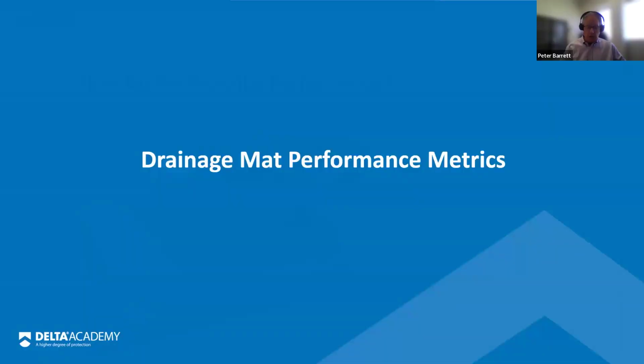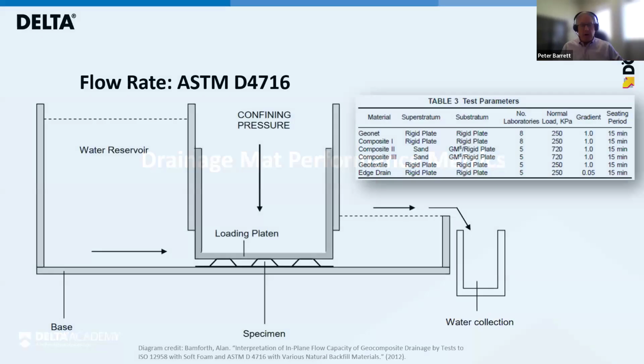But to make sure that we're choosing the right drainage mat product, let's look a little more at the key performance metrics. One of the big ones that we talk about is flow rate.